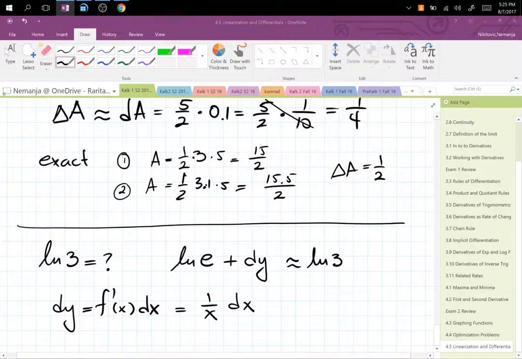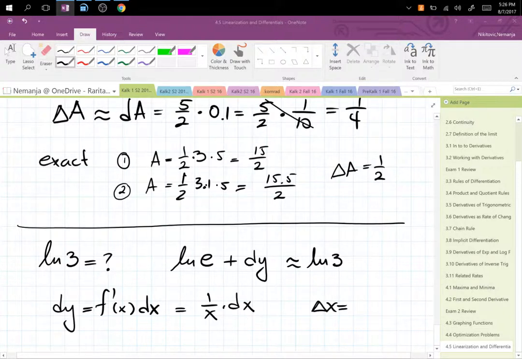So we are recognizing this calculation here now, because that's the derivative and that's the dx part, which is the delta x part. So now how much is my delta x?